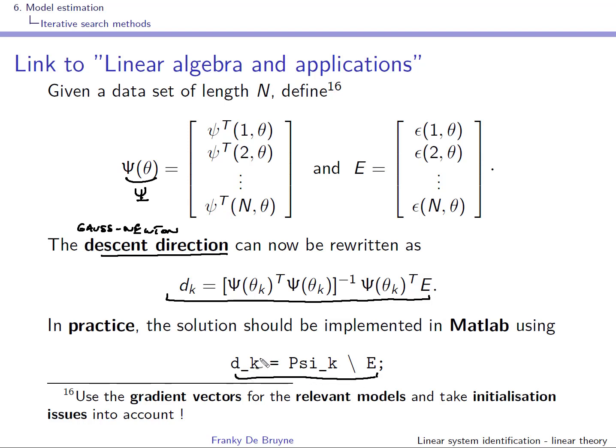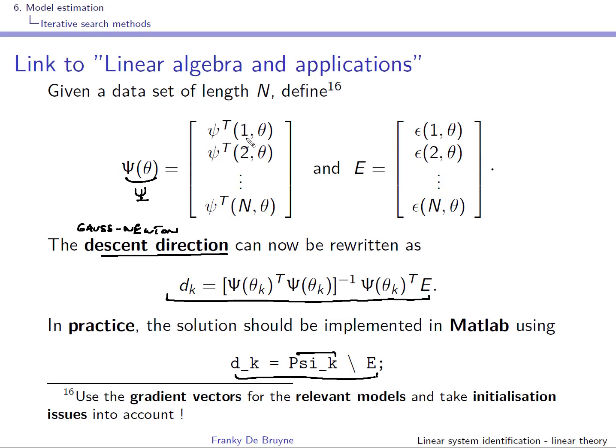So at iteration k, this is really what this is meaning. The Gauss-Newton direction is obtained by this equation. This matrix here is this one evaluated at theta equal to theta k. Okay, and E here is the associated prediction error vector.